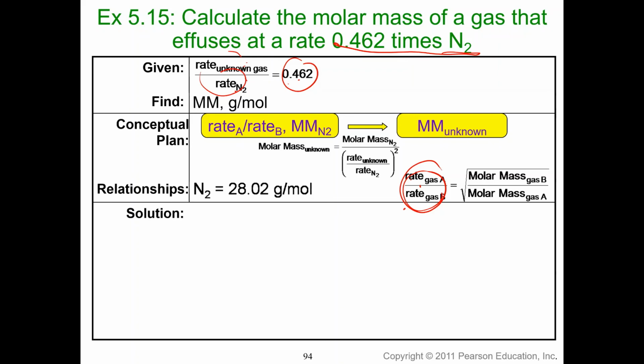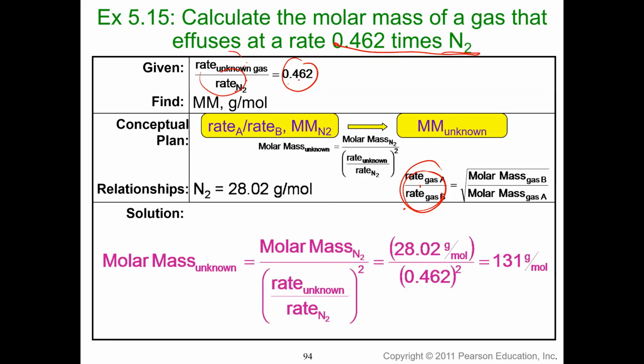Yes. They're giving you a ratio. Then you see, it's very simple actually. Yes, I understand how you got this confused, but it tells you what the ratio is. There it goes. All you have to do is put it there and calculate the unknown molar mass, and that's what you come up with. Okay.